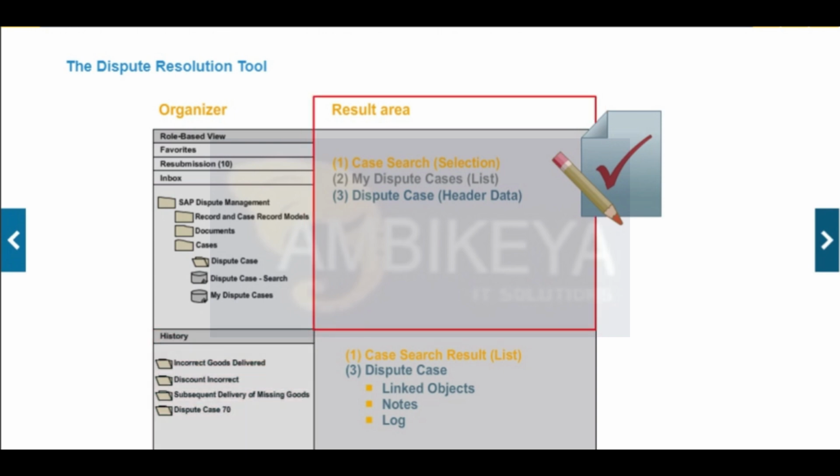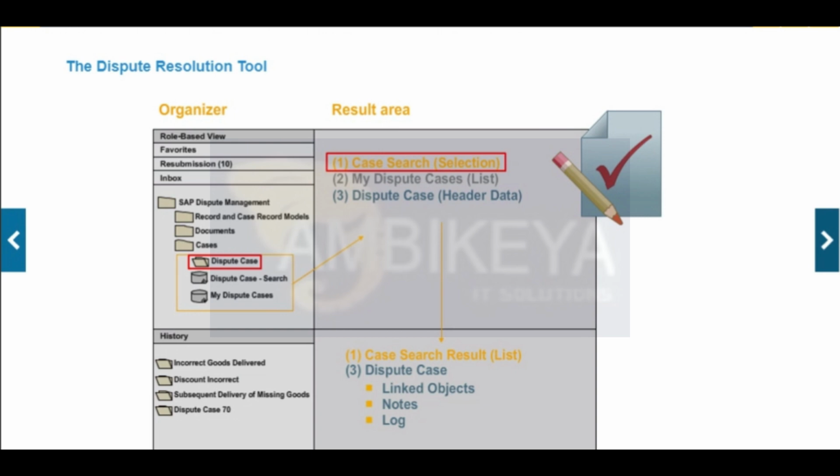The information displayed in the results area depends on the action performed in the editing area, such as Find Dispute Case, Selection Criteria for Case Search, My Dispute Cases, List of Dispute Cases, Search Result, Create Dispute Case, Screen for creating dispute cases.